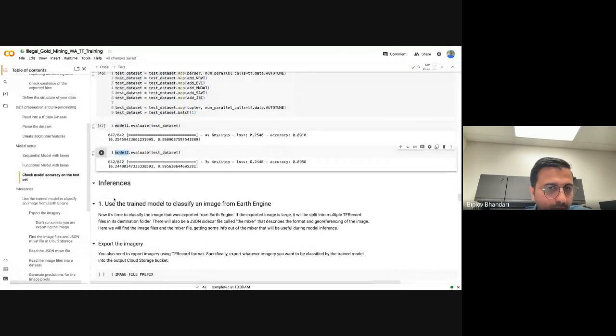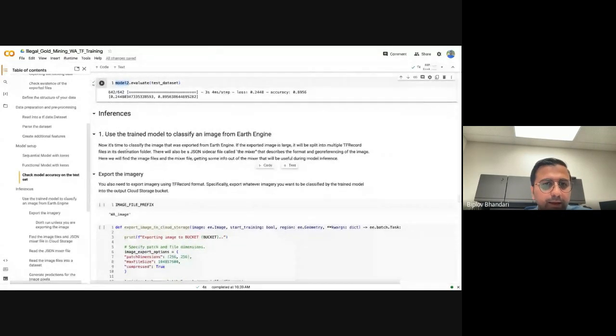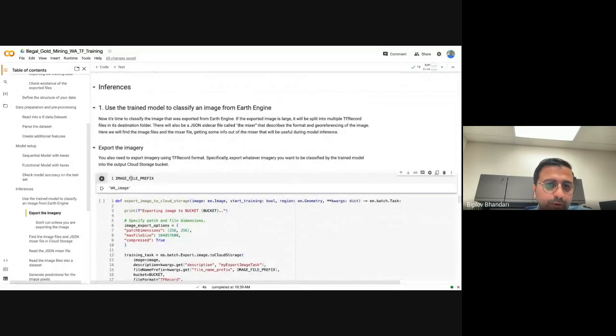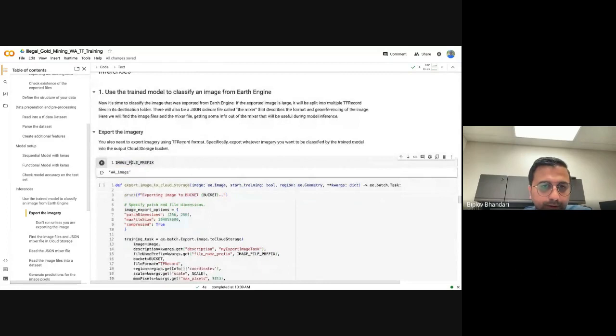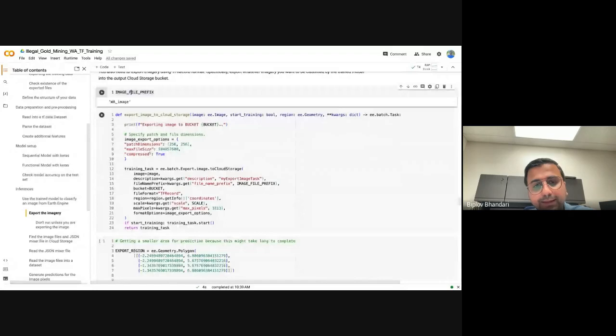So now we have the model, we have evaluated it, and we're happy with what we're seeing here. The next step is how we're going to use that model to actually do the prediction or the inference. And there are 3 ways you can do that. The first is where you export the data from Google Earth Engine, make predictions on that data, and then push it back to Google Earth Engine. That's what we're doing here. But before I do that, we need to extract those images from Google Earth Engine into TFRecord format, because that's the format that our model natively understands.